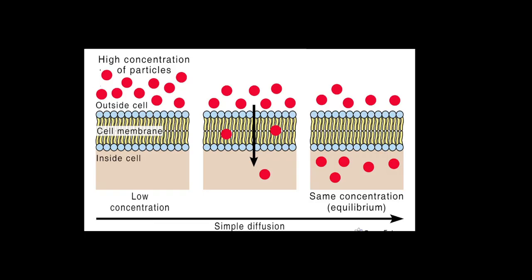There is a high concentration of molecules outside the cell as compared to the inside. Okay, so these molecules will cross the phospholipid bilayer and will move until equilibrium is attained. Okay, here you can see the molecules are moving.